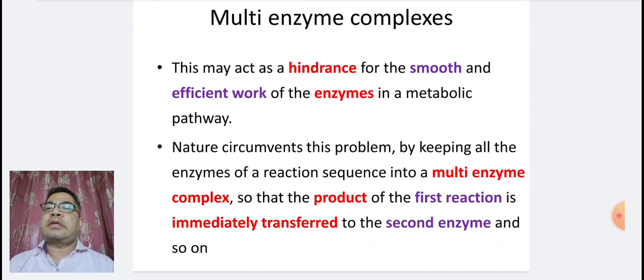This may act as a hindrance for the smooth and efficient work of the enzymes in a metabolic pathway. But nature circumvents this problem by keeping all the enzymes of a reaction sequence in a multi-enzyme complex, so that the first product of the first reaction is immediately transferred to the second enzyme and so on.